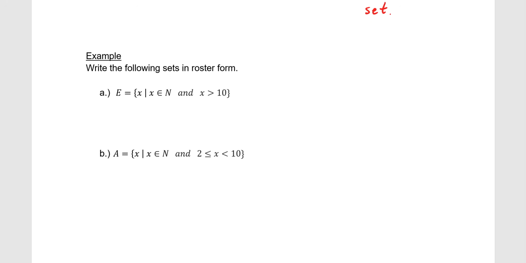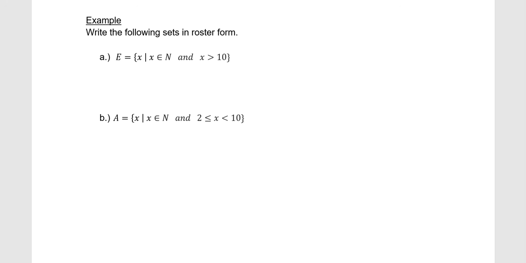Okay, so let's do an example. Let's write the following sets in roster form. So these are in set builder notation here. For example A here, we would read this as set E is the set of all x's such that x is a natural number. It's in the set of natural numbers and x is greater than 10.